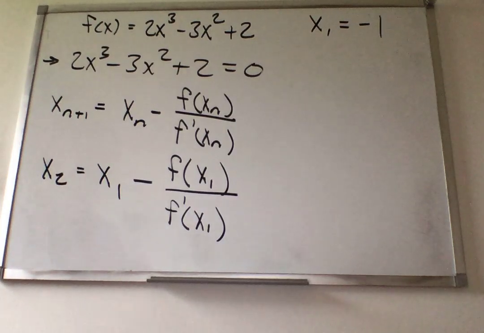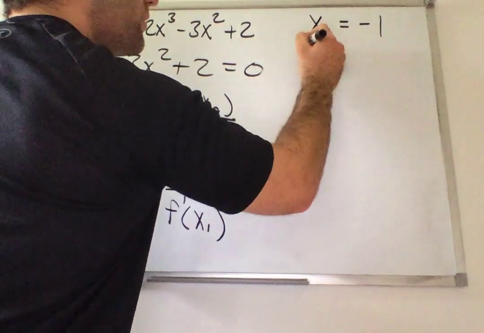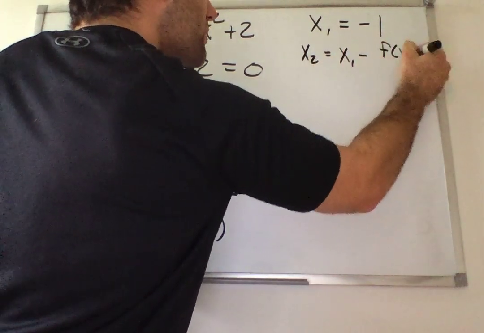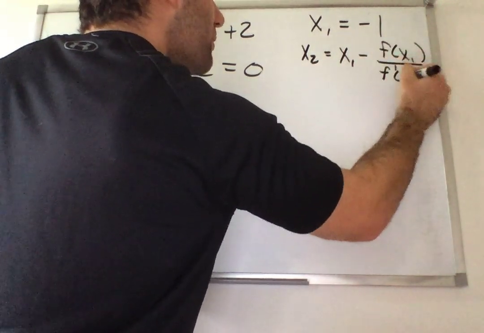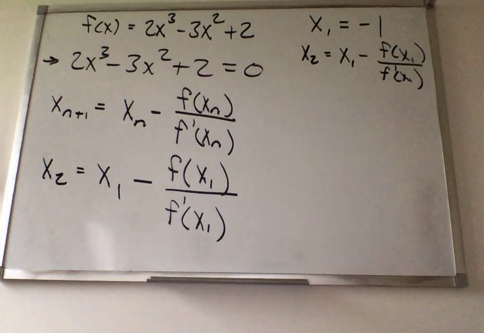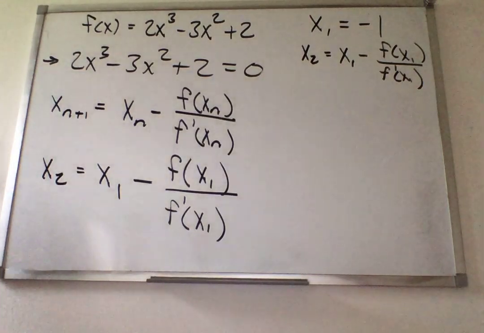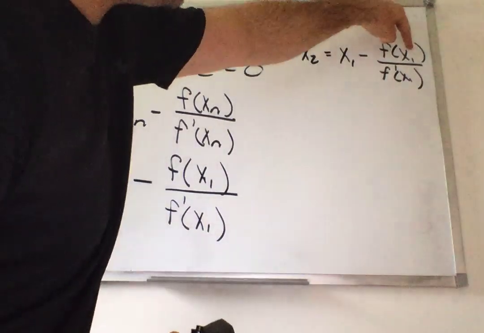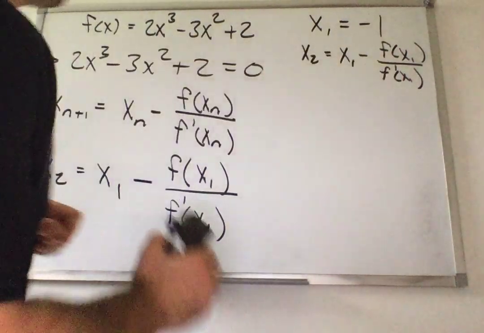Let's write this over here. x2 is equal to x1 minus f of x1 divided by f prime of x1. Like I said, we're going to do this one by hand, just so you can see the process of what's going on, and then we're going to use the calculator to help us. So we need the function value at x1. We also need the derivative.